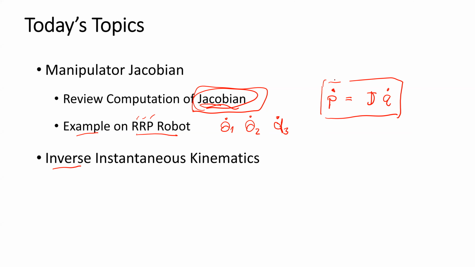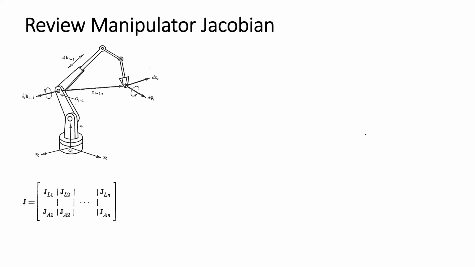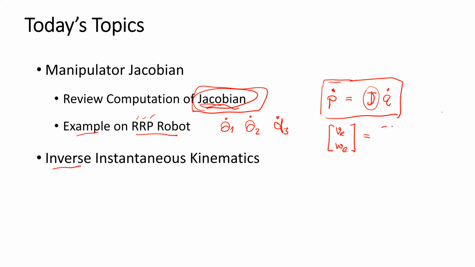Here is what we know from last week. The Jacobian matrix will relate the velocity and the omega vector at the endpoint to the joint speed.